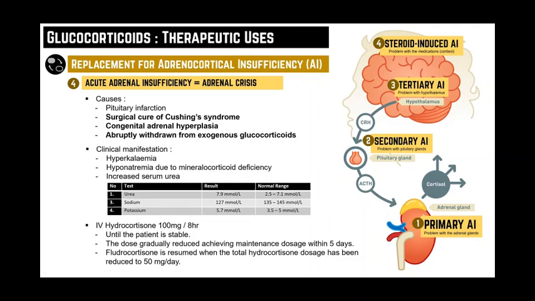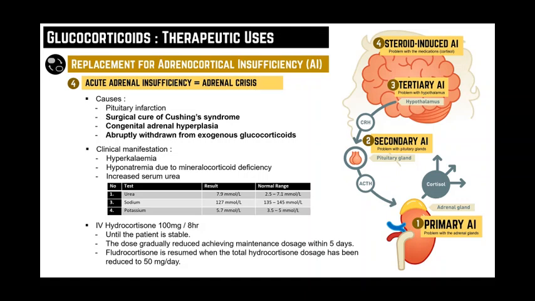One, because of the mineralocorticoid deficiency, and another one is because of the antidiuretic hormone, which is vasopressin, being secreted due to the cortisol deficiency. So the combination of the mineralocorticoid and glucocorticoid deficiency will lead to urinary sodium loss and plasma volume depletion, which will cause the increase of the serum urea level.